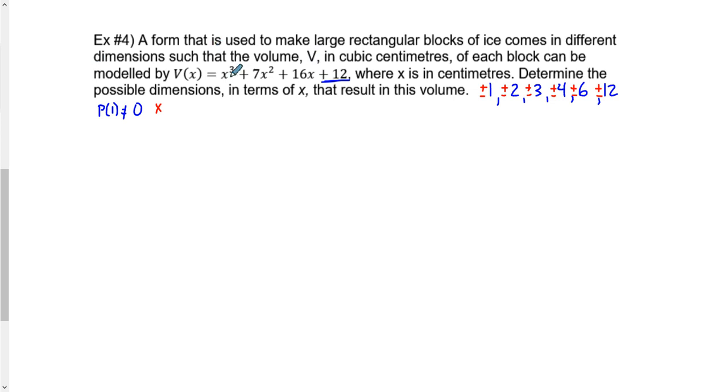But as a good practice, it doesn't hurt to write them down. So I'm going to do negative 1, and I'm going to write this one down. Negative 1 cubed, adding 7 times negative 1 squared, adding 16 times negative 1, adding 12.